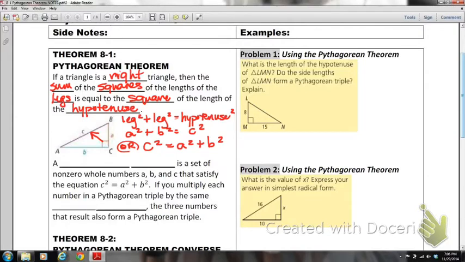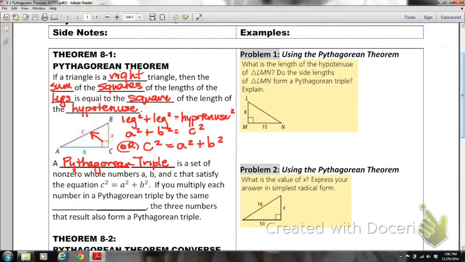So let's look at what a Pythagorean triple is. A Pythagorean triple is a set of non-zero whole numbers, a, b, and c, that satisfy the equation c squared equals a squared plus b squared.